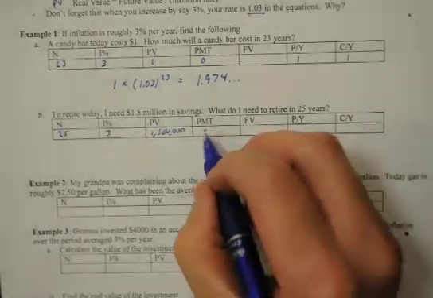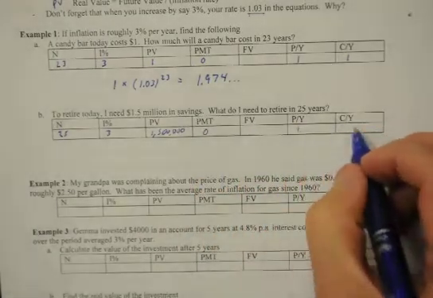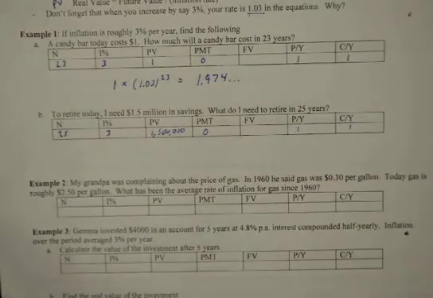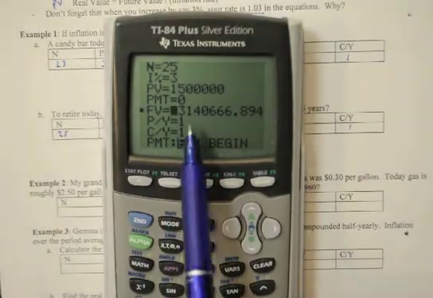Payment 0. Future value, that's what we're trying to figure out. And then we'll keep that as 1. I almost prefer to do it in the TVM solver just because I like it. Makes me feel smart. So anyway, it turns into that.